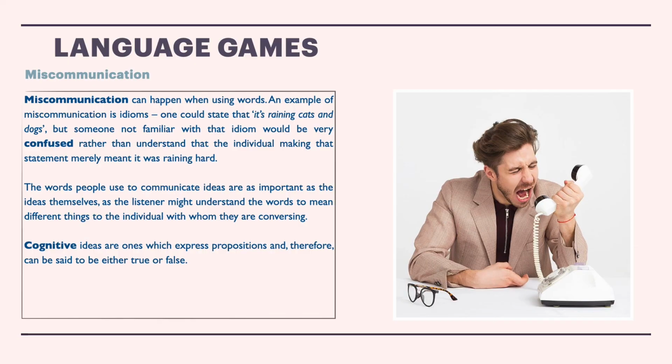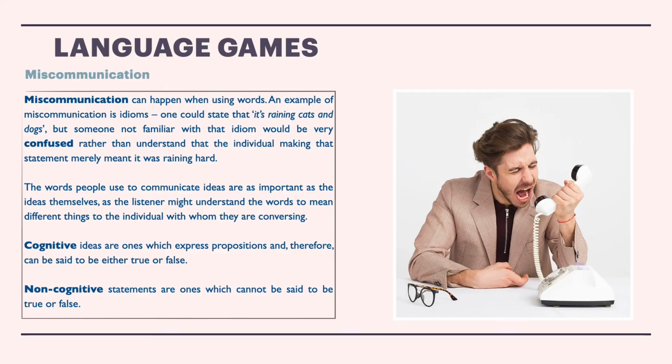Realist, cognitivist ideas are ones which express propositions, factual claims, and therefore can be said to be true or false. There are also anti-realist, non-cognitive statements, which cannot be said to be true or false.